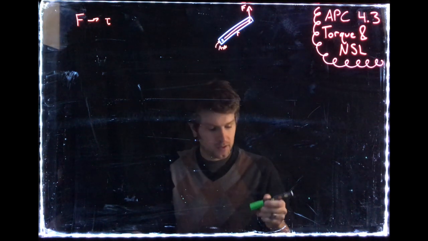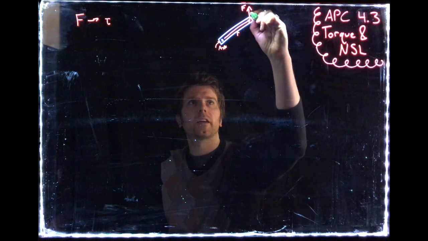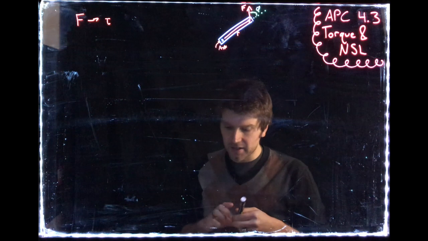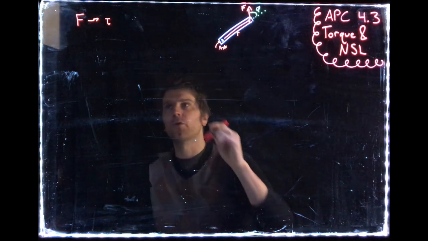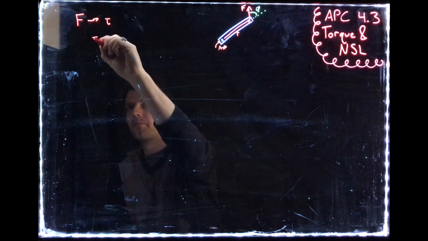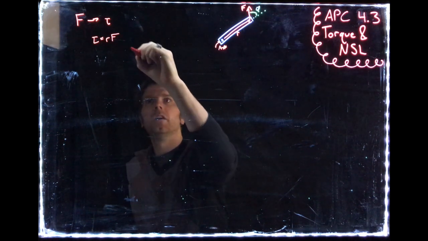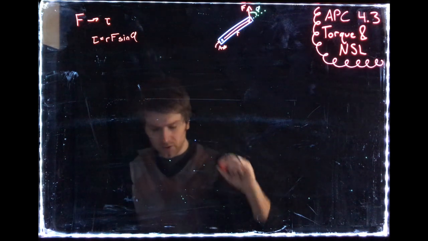Now notice, I can declare a little angle here, which I'll call phi in this case. And the torque that this force generates is going to be equal to the distance away from the pivot times the force F times the sine of this angle phi.